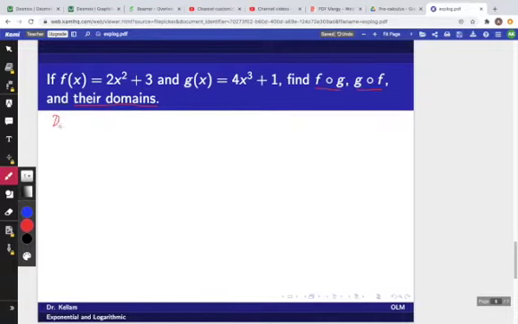So the domain of f is just a quadratic function, and we know that would be negative infinity to infinity. The range of f: since this is a quadratic function and our leading coefficient is positive, we know that this has a minimum. The lowest value in this particular quadratic function is right here. So we go from 3 to infinity.